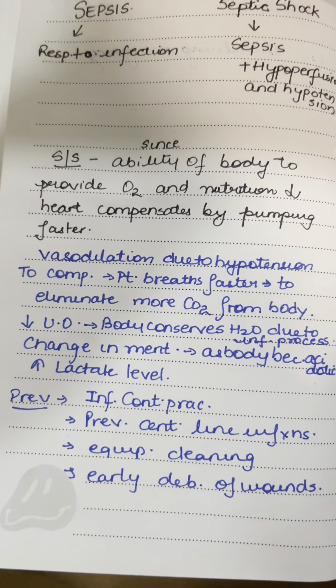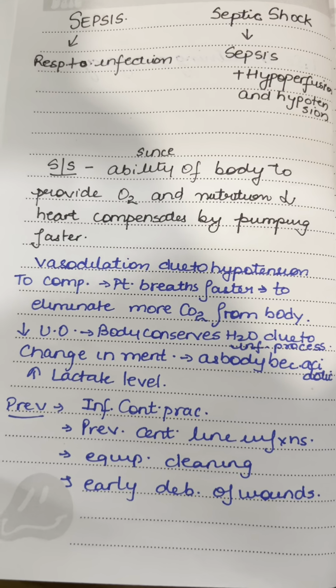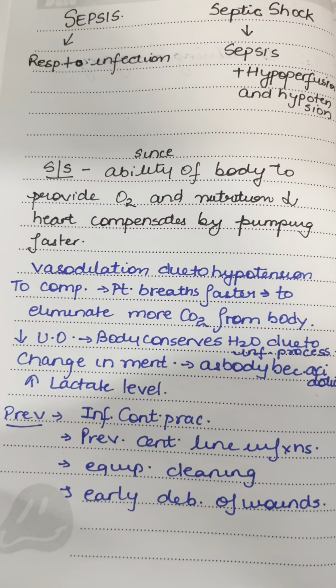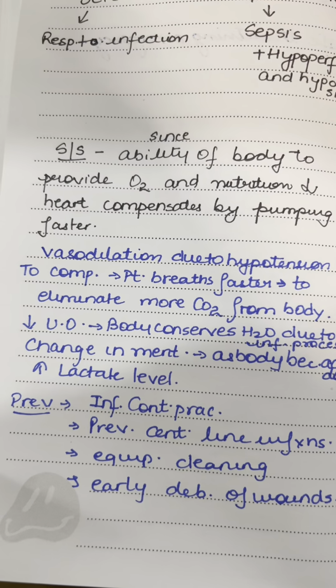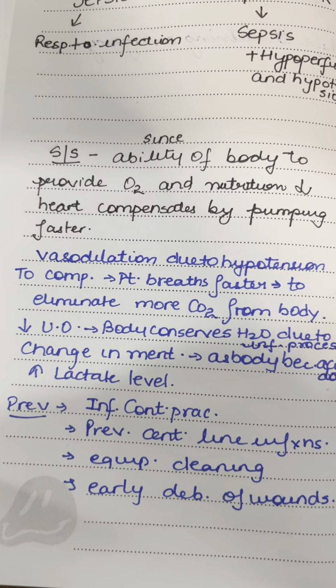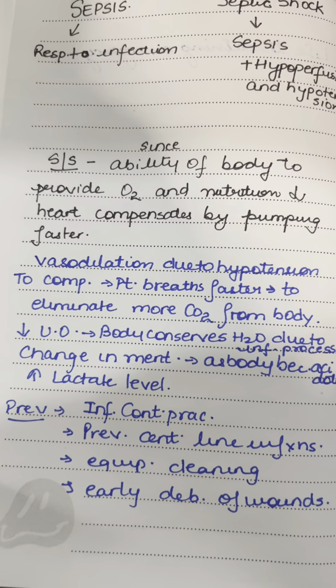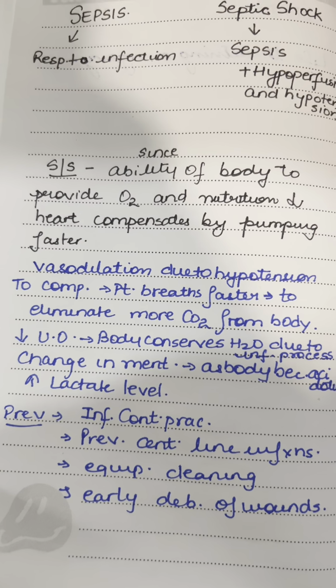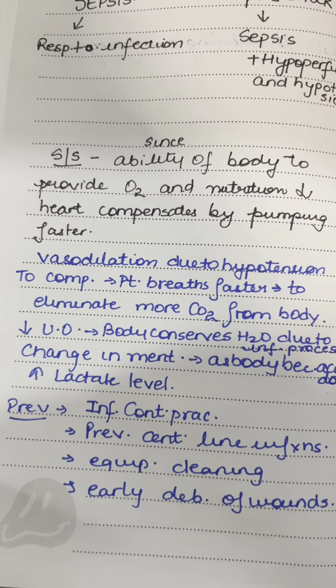So sepsis is a response to an infection, right? When microorganisms enter our body, they invade into the body tissues, and the body in response generates an immune response. The immune response provokes the biochemical cytokines, which is called an inflammatory response.